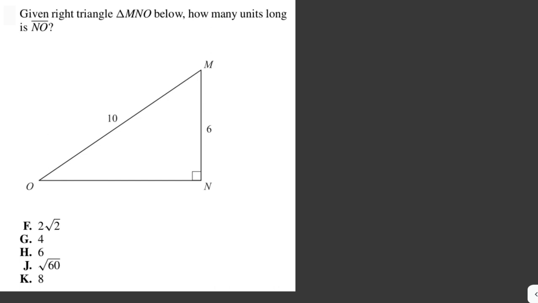Given right triangle MNO below, how many units long is side NO? So we're given one of the legs of this right triangle, MN, which is equal to 6, and then the hypotenuse MO, which is equal to 10. Now, to solve for the value of NO, this leg of the triangle, we can use the Pythagorean theorem.